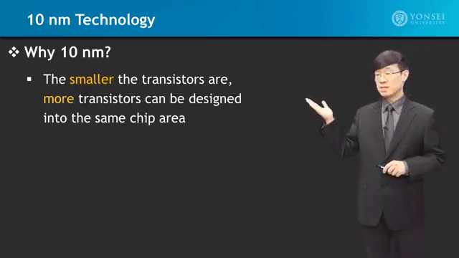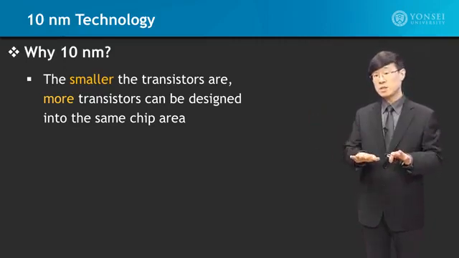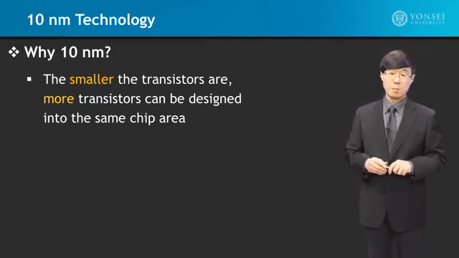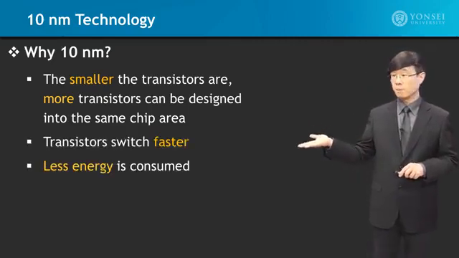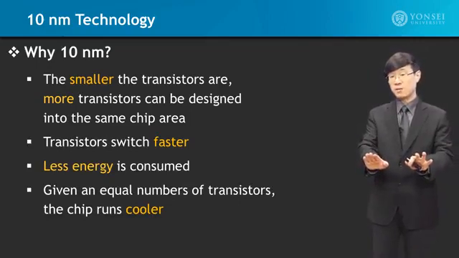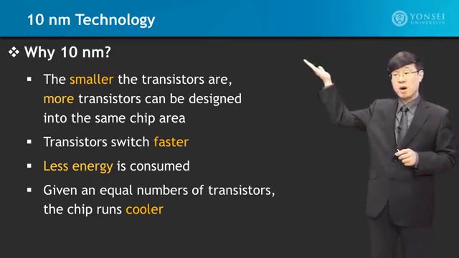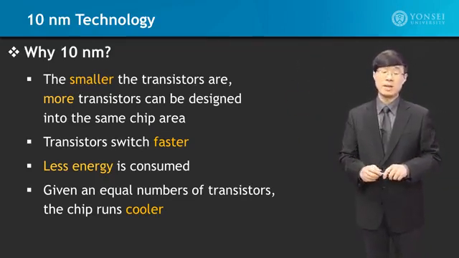The smaller the transistors are, the more transistors can be designed into the same chip area. So more transistors in the same chip area means that you have more functionality, more processing capability. Transistors switch faster, less energy is consumed, and given an equal number of transistors, if you compare them, going to smaller transistor technology will make them less heat radiant.